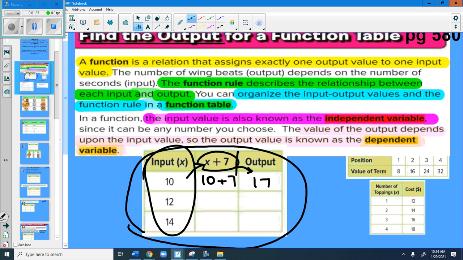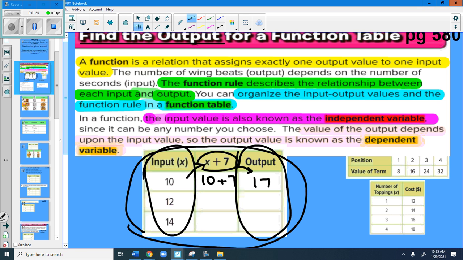The output values, what do you think those are also known as? When I'm specifically talking about the fact that input is independent, what do you think the output is? I'm looking for a vocabulary word. Also look up there.